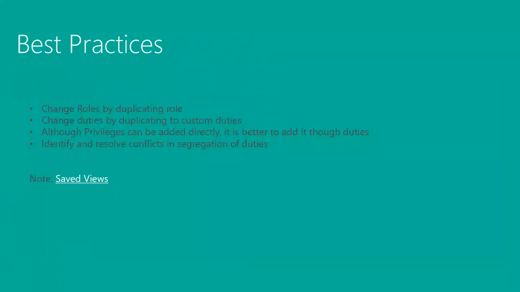It's better to group all of those privileges into one single duty and then add it, so that you can maintain that duty in the future, and you understand how many roles reference this duty if you're changing or modifying it. For easy maintenance, we always recommend to group privileges and assign them to your duty first, and then add it to the role, instead of adding privileges directly to the role.